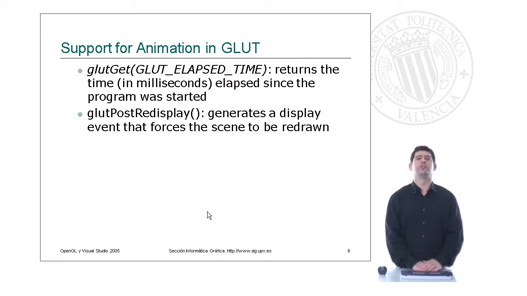There are 2 more functions that are used in GLUT to support animation. glutGet with the parameter GLUT_ELAPSED_TIME returns the time in milliseconds that has elapsed since the program was started. This function allows you to control the time related to a given animation application.